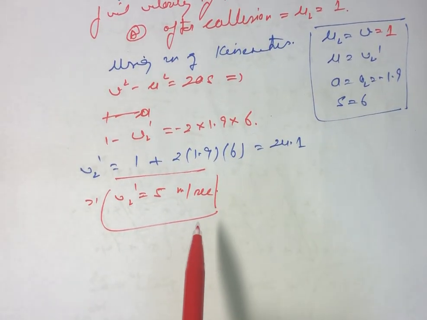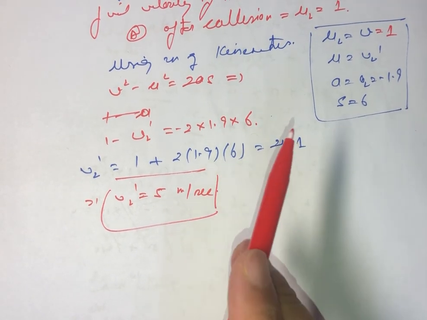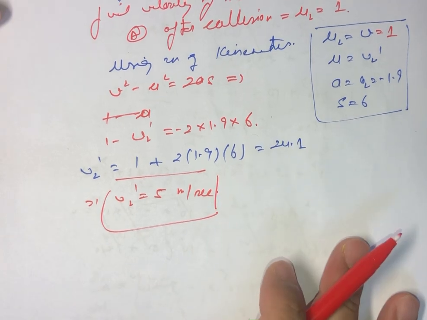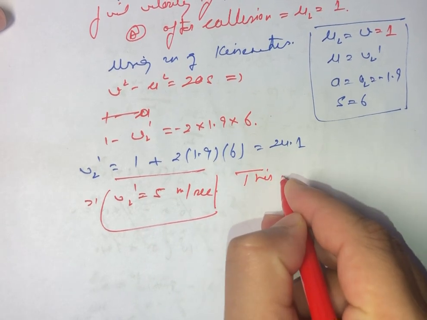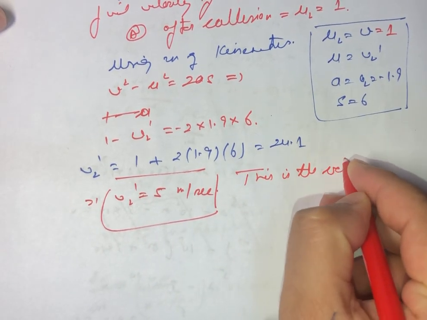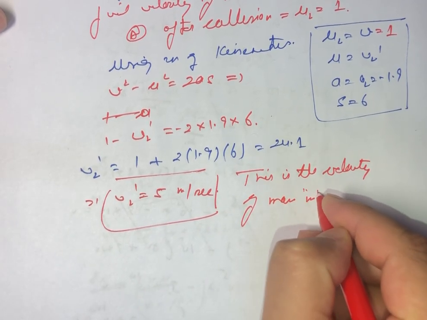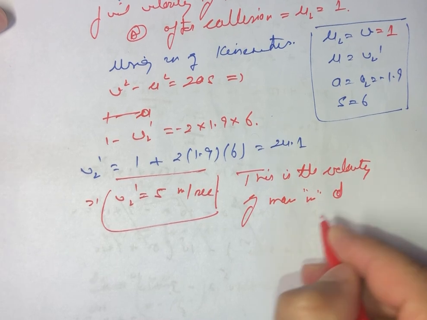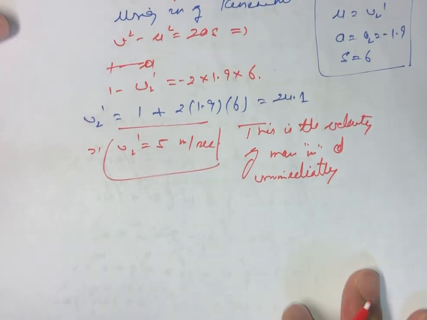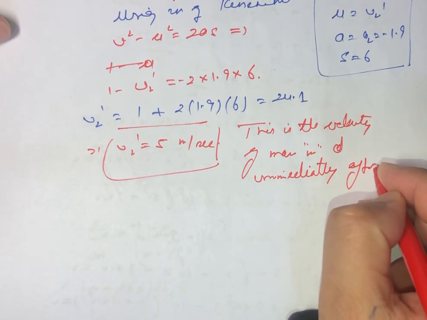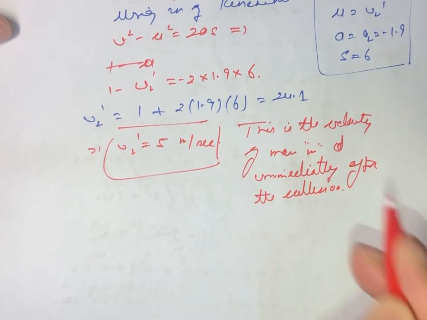So this is the velocity of mass m immediately after the collision, down the inclined plane.